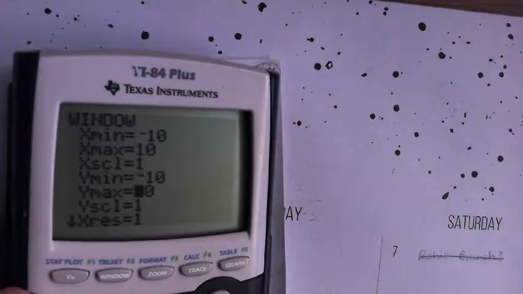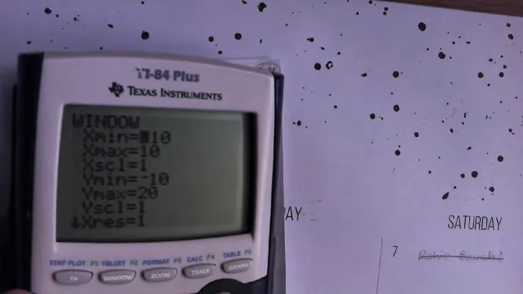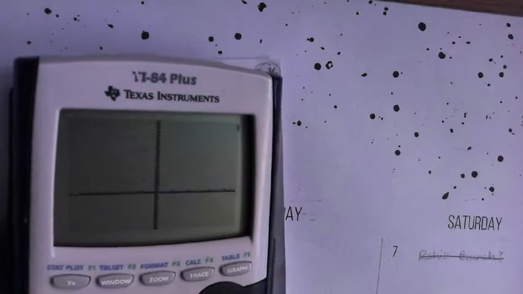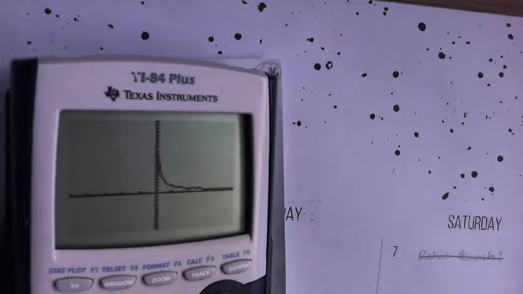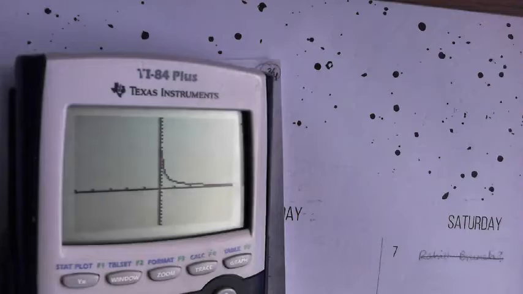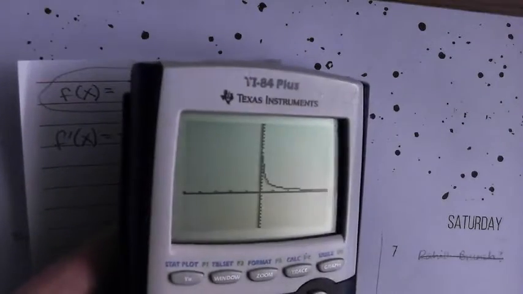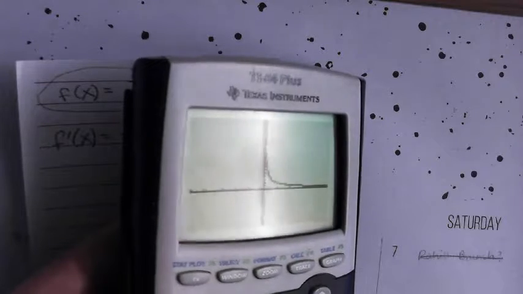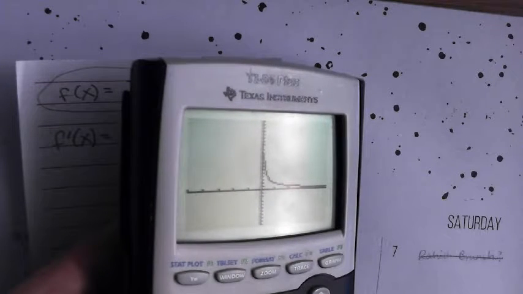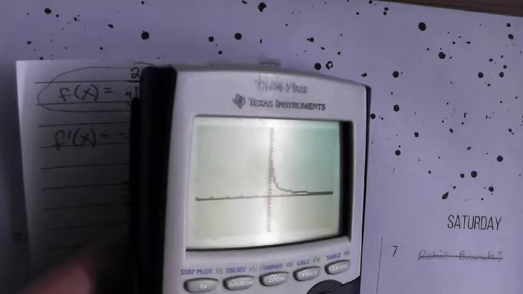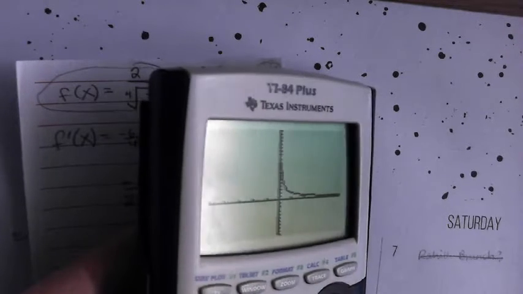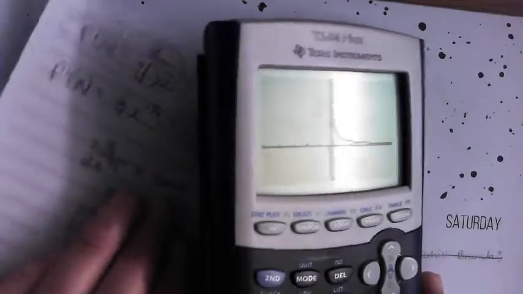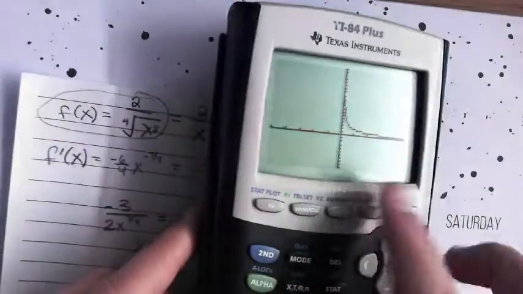Window, let's go up to 20 and just go negative 5 to 5 and see what happens. So what do you notice about that graph? I actually pulled this example from a section that did not have this same set of directions, so something's happening here. What does it look like is happening on your original function at 0?